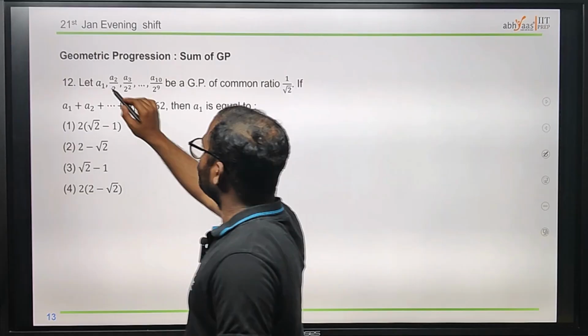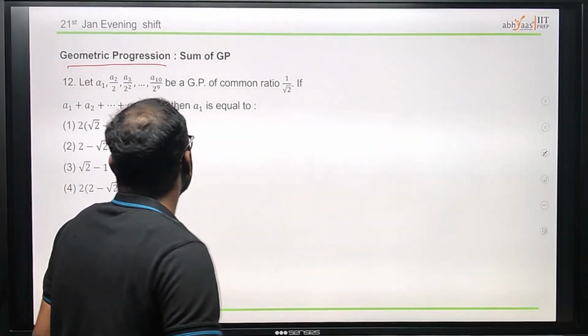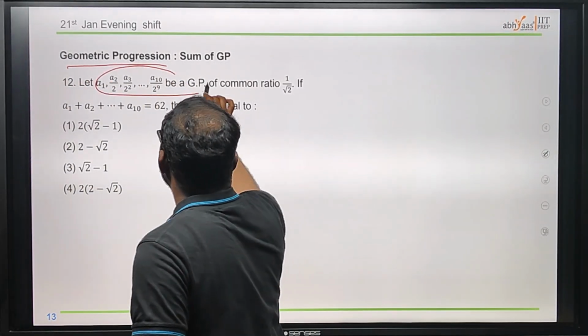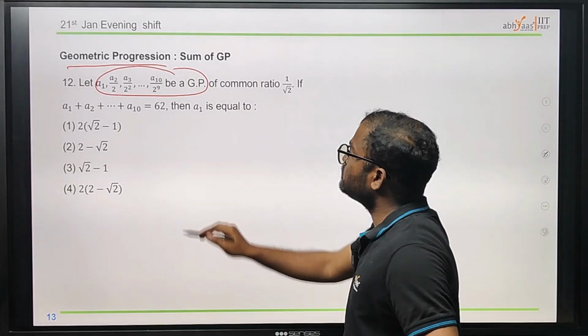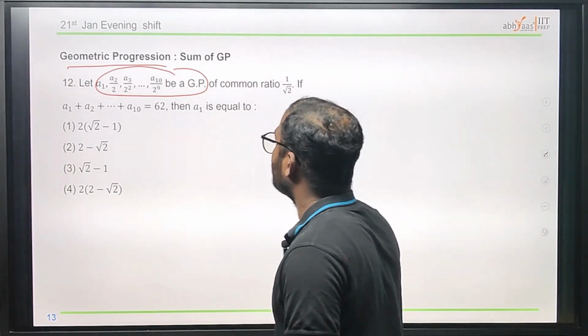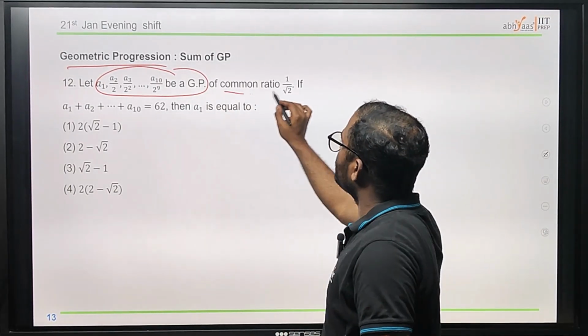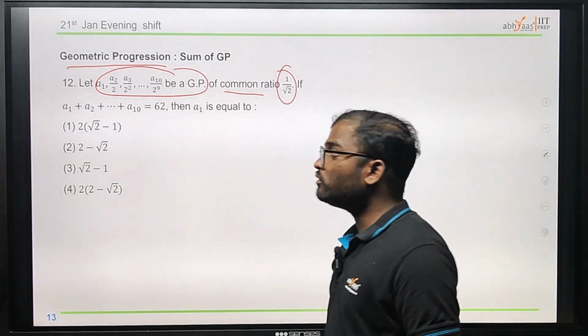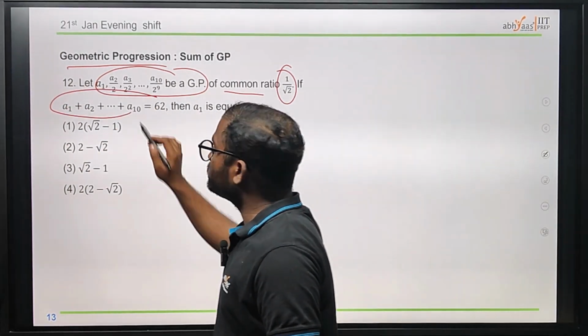Now we have a question on the basis of geometric progression. See here, they given this term as GP, and since it is a GP, we have the common ratio, and they also gave the common ratio as 1 by root 2. We need to find whether this is also a GP or not.